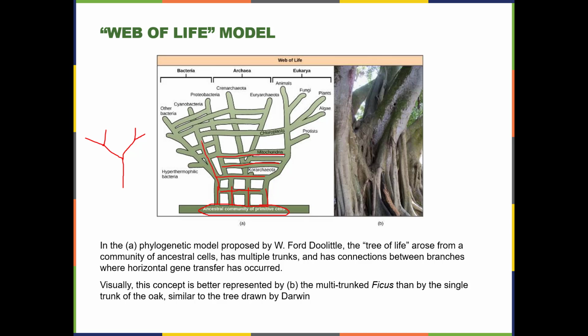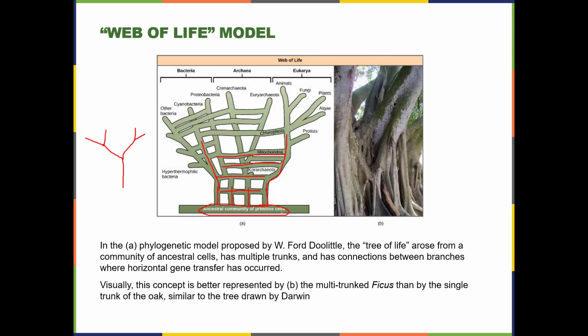So the vertical transmission and the horizontal transmission kind of coming together. So this model of how early life formed is probably, even though you don't need to be able to draw this, just an artist's rendition, but this gives you more of a sense of what it's really like.